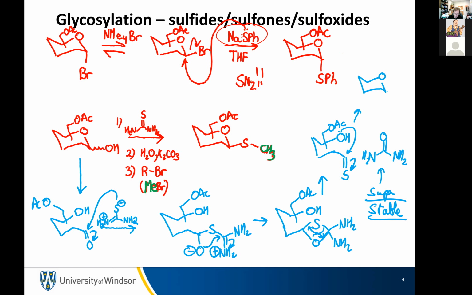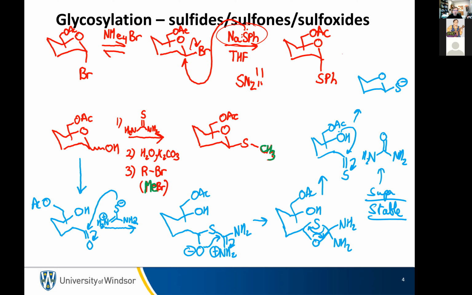And note that you're going to get an S minus. And the negative charges, because they need to be solvated, prefer to sit equatorial. You also have a really poor anomeric effect from a negative charge, because it's already negatively charged.